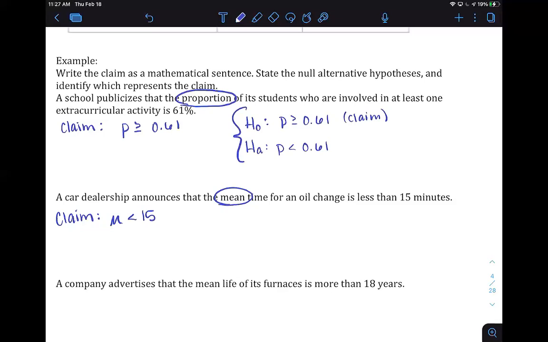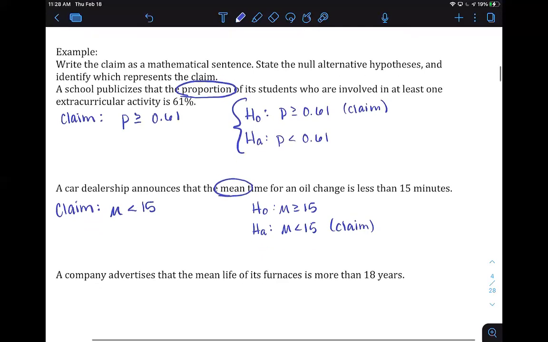Alternative, because there is no equality with it. And what's the complement of less than? Greater than or equal to. So that's your null hypothesis. Questions with that?